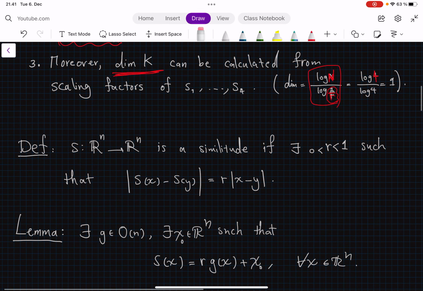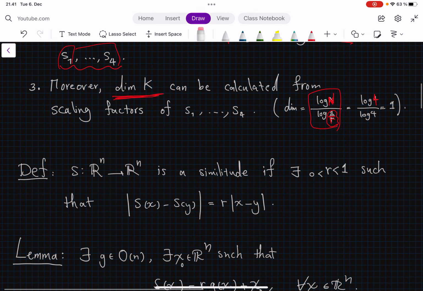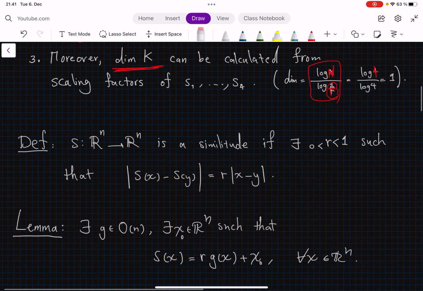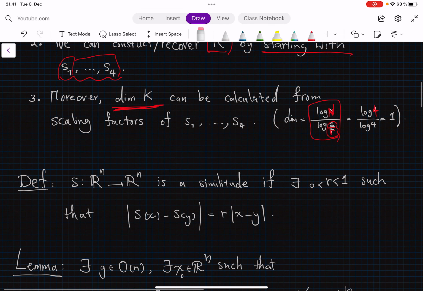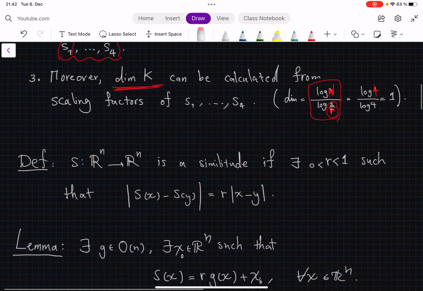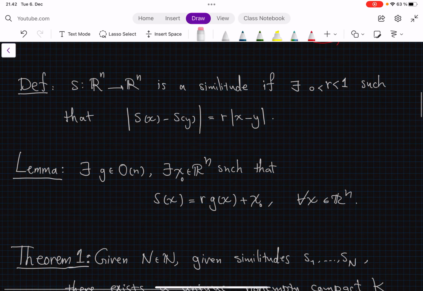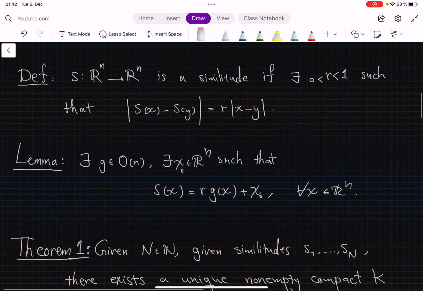So we have to be a little bit more careful, because if you start with any random choice of S1 through Sn, it is not necessarily the case that their images are completely separated from one another. So let's take care of that.